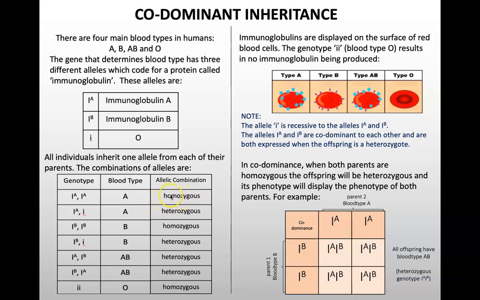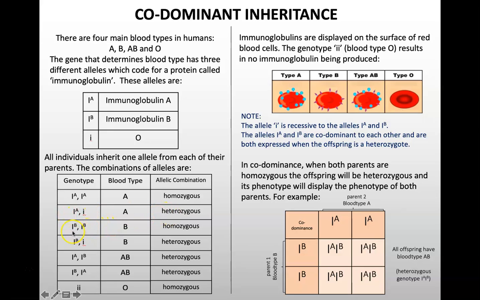These are homozygous. And then we have immunoglobulin A, one from mum, and another one from dad, the recessive. So this immunoglobulin O is not going to be produced because it's recessive to the immunoglobulin A protein. So our blood type is going to be A in this case, but because we have two different alleles, it's going to be a heterozygote.